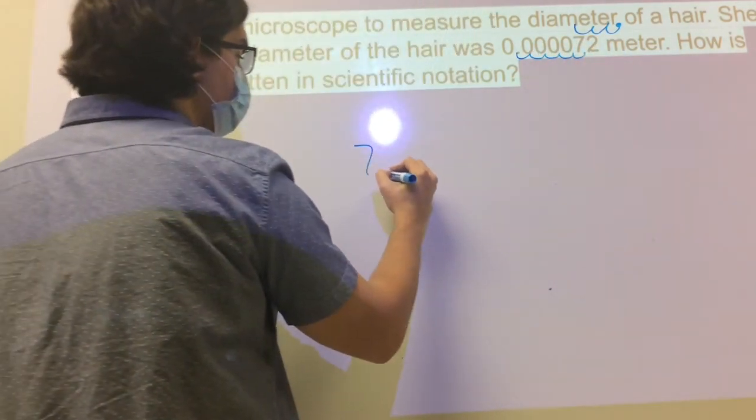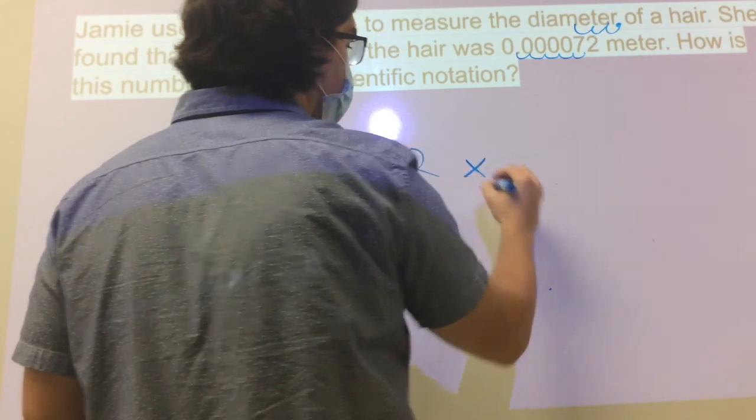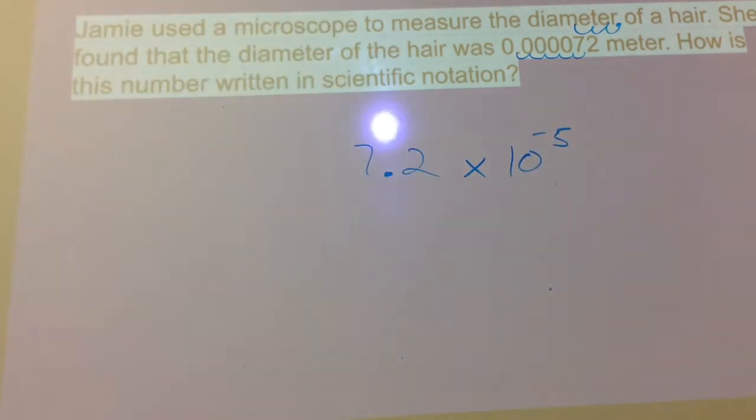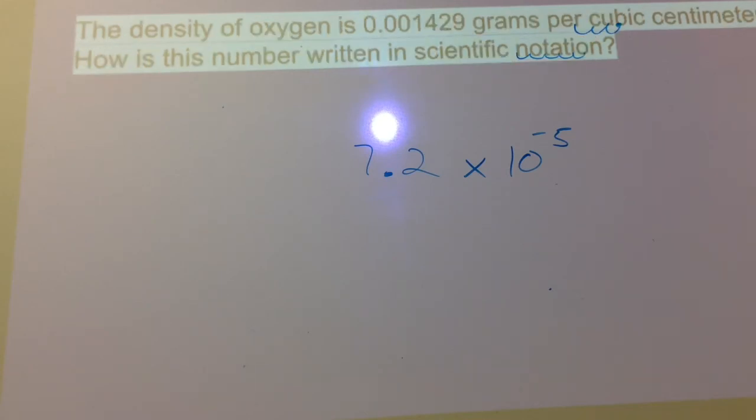So it's 7.2 times what? Times 10 to the negative fifth. It's a really small number. Are we all okay with that? Okay, can I skip this one? Do we feel okay with solving scientific notation?